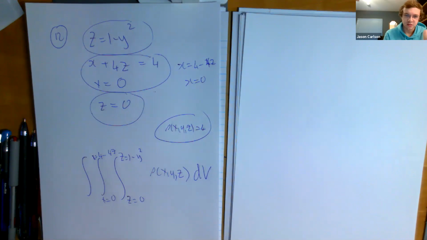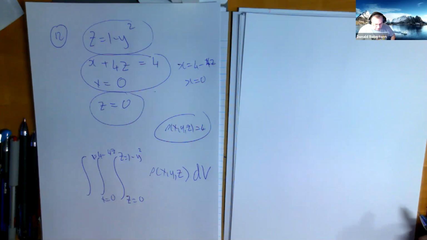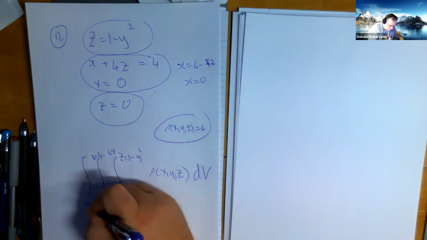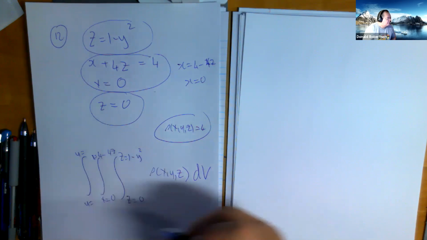Wait. From the first integral, you got rid of all the z's. Ah, good point. Well, I'll finish this off and I'll see if I can fix this. So I need a y equals somewhere, a y equals somewhere else, don't we?